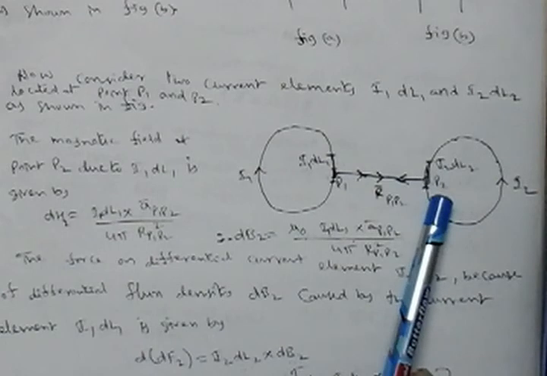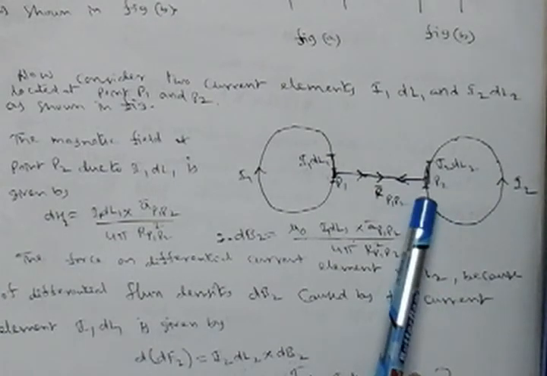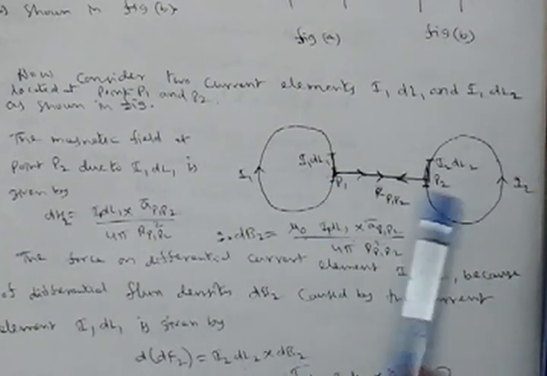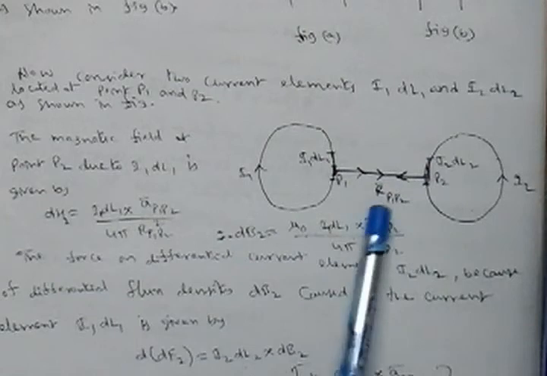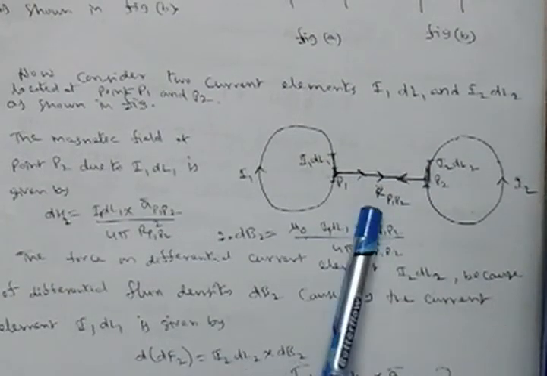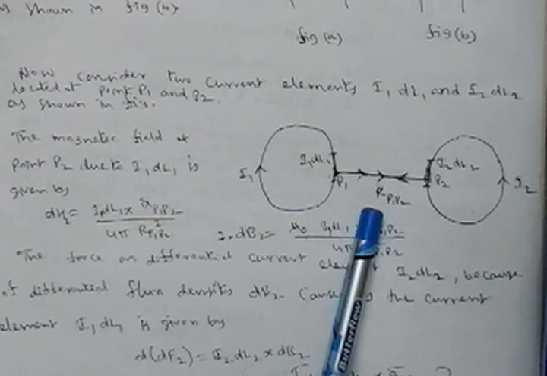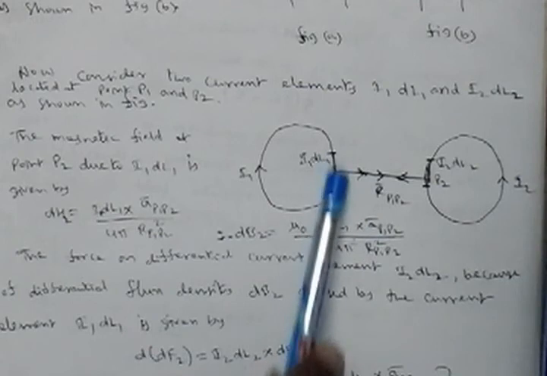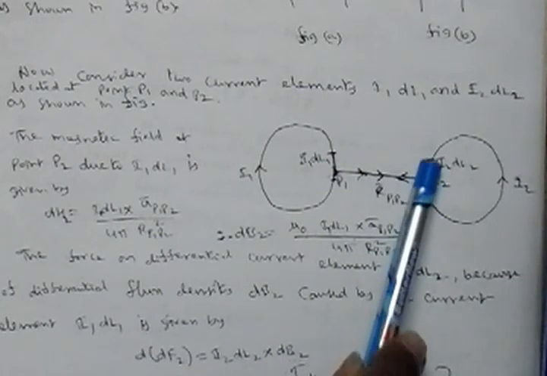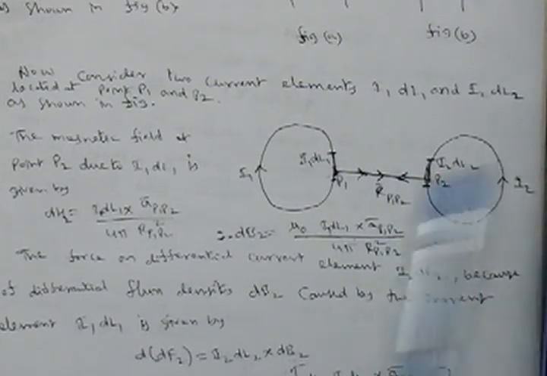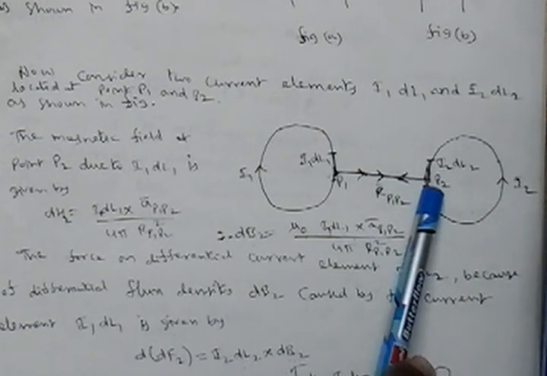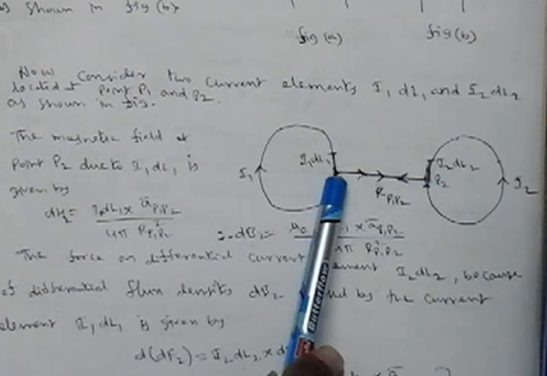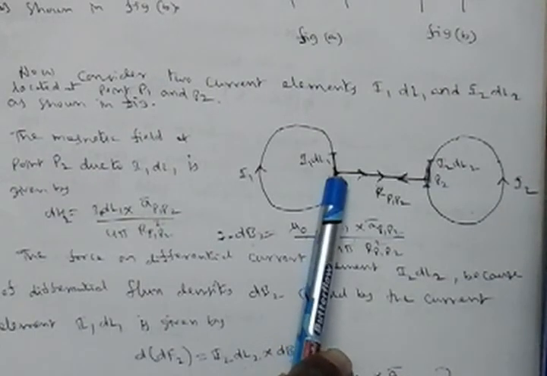Similarly, dl2 is a very small length, assumed as a point P2. Between P1 and P2 there is a distance, represented by r vector P1P2. Because of this differential current element there will be a force on the other differential current element, and vice versa. We are going to derive the mathematical expressions for that.